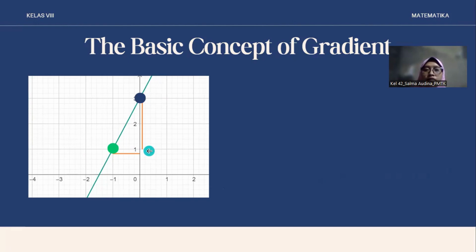So, gradient is simply the ratio of the vertical distance and the horizontal distance, or gradient is simply the vertical distance divided by the horizontal distance.